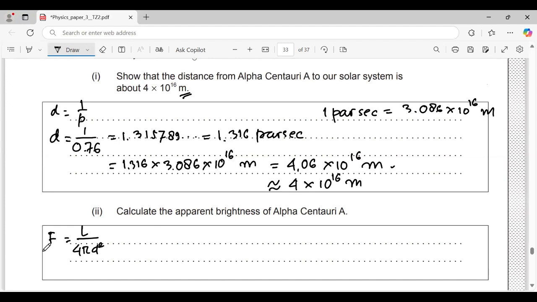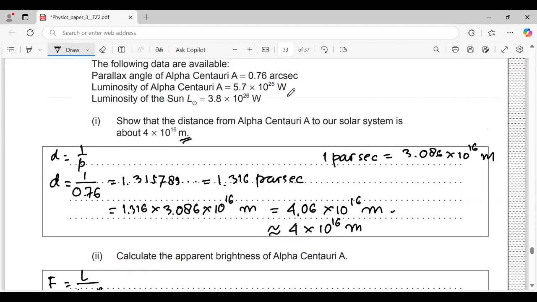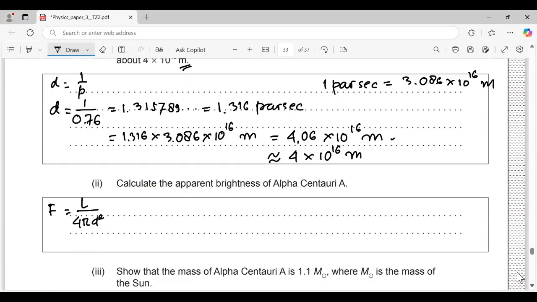F is the apparent brightness or flux. L is the luminosity of Alpha Centauri, 5.7 times 10 power 26, and d is the distance to Alpha Centauri.